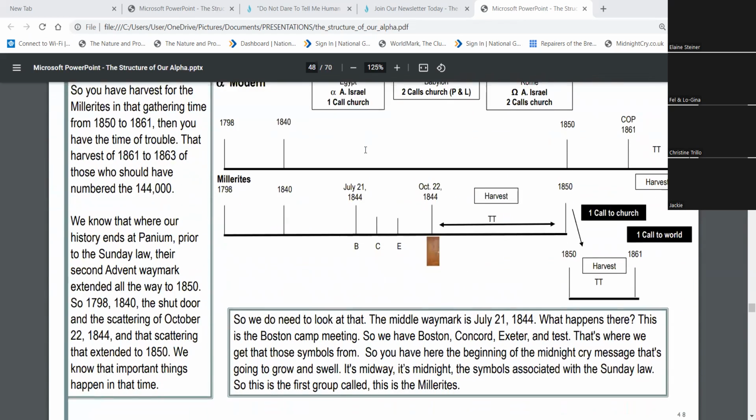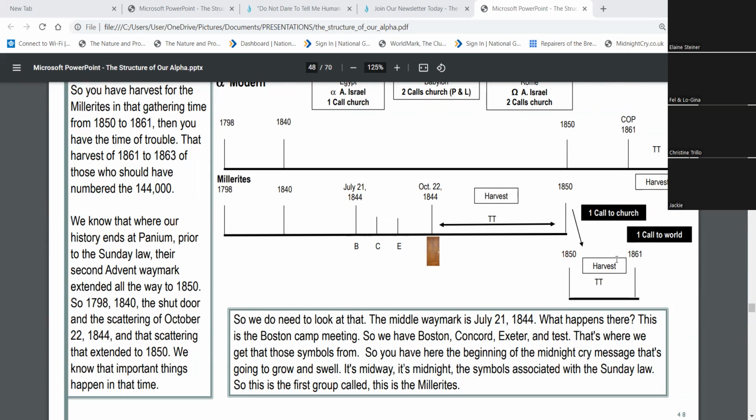So you have the harvest for the Millerites in that gathering time from 1850 to 1861. Then you have the time of trouble. That harvest of 1861 to 1863 of those who should have numbered the 144,000. We know that where our history ends at Paneum prior to the Sunday Law, their second Advent waymark extended all the way to 1850.